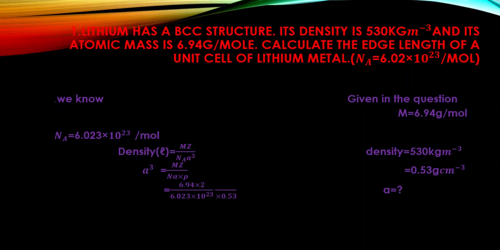So we know density rho is equal to M into Z by Na into a cube.